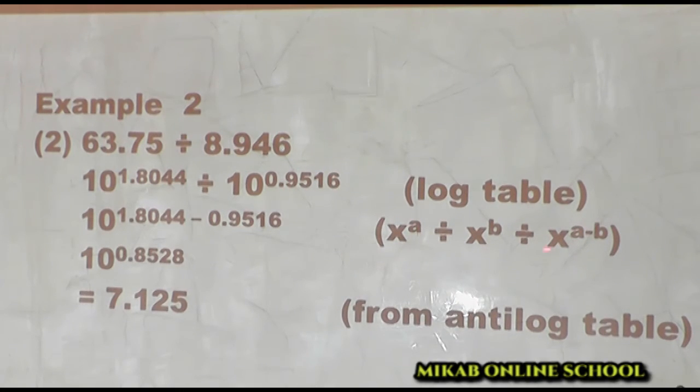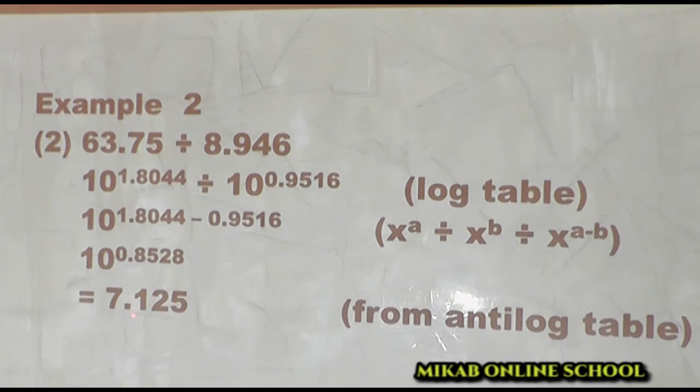According to the law of indices, this is going to give us 10 raised to the power of 1.8044 minus 0.9516. And this is going to give 10 raised to the power of 0.8528.